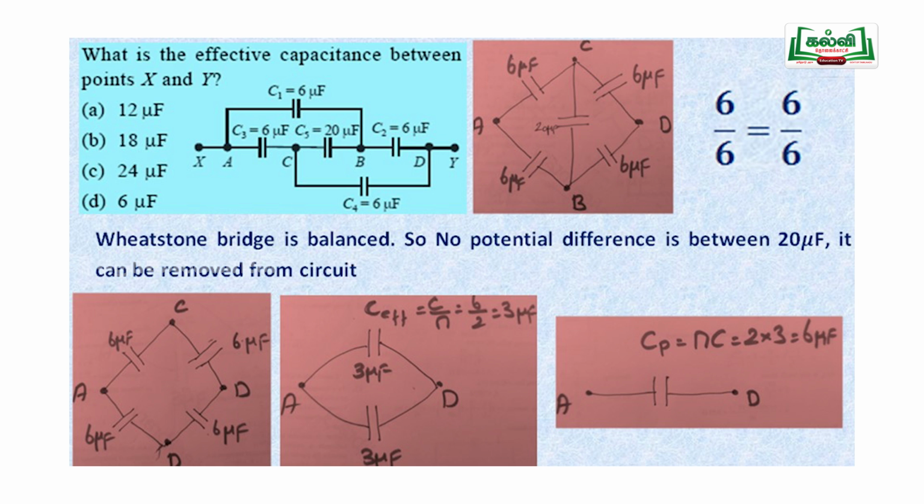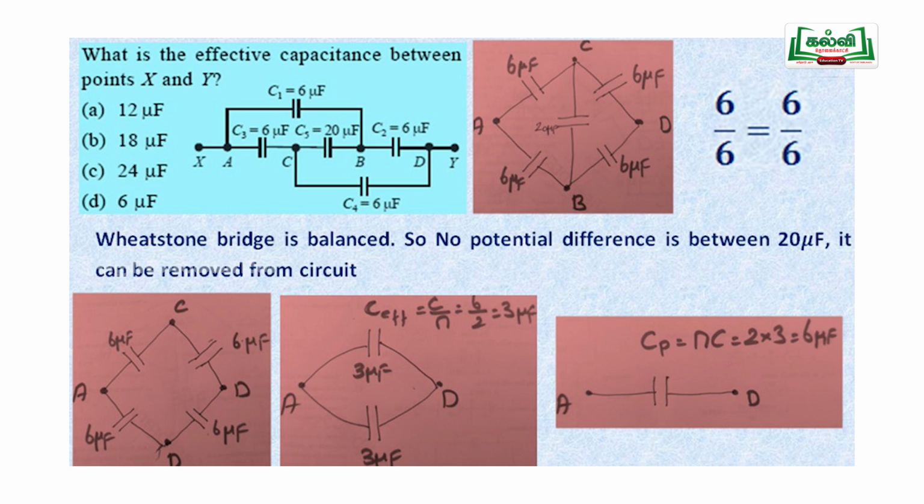Now 3 microfarad and 3 microfarad are connected in parallel. What will be the effective capacitance? Cp is equal to N into C, so 2 into 3, 6 microfarad. So between the points X and Y, the effective capacitance is Cp equal to 6 microfarad.